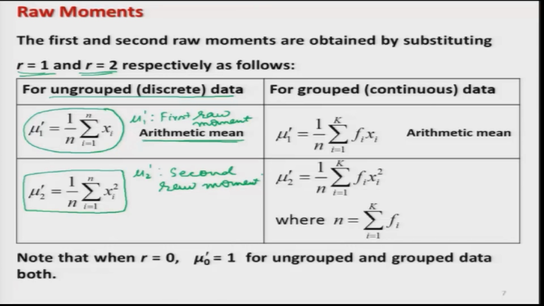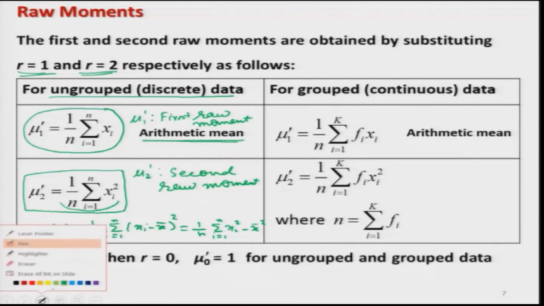If you try to recall where this quantity was occurring, when you wrote the expression of variance of x, it was written as 1 upon n summation i goes from 1 to n x i minus x bar whole square, which we wrote as 1 upon n summation i goes from 1 to n x i square minus x bar square.